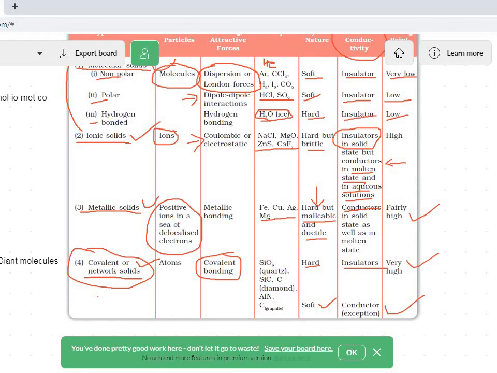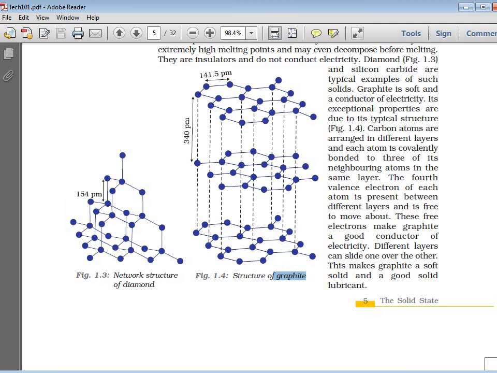We have already studied the structure of graphite and diamond. So you can see on your screen. Figure 1.3 shows the structure of diamond, the hexagonal, three-dimensional, and figure 1.4 shows the structure of graphite, where the different layers are covalently bonded with each other, these two layers.